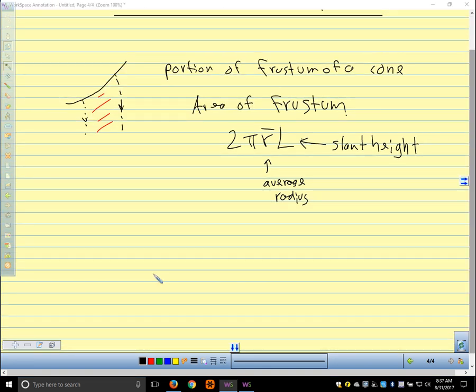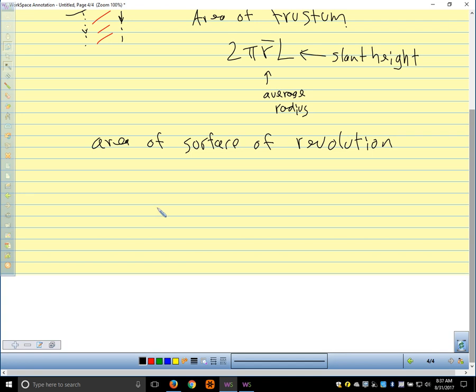So we're going to say our area of a surface of revolution, and we use a big S for area of a surface of revolution. S is the integral from a to b. We get a 2 pi, that's from this, and then our radius of revolution, r sub x, and then L, the slant height, is the arc length along that curve.